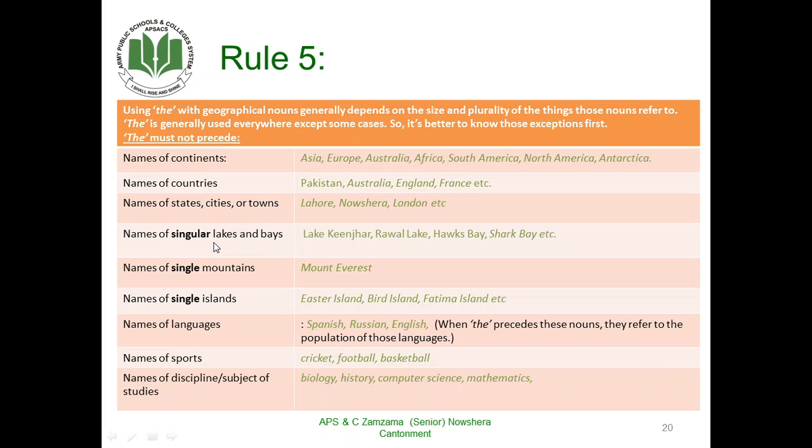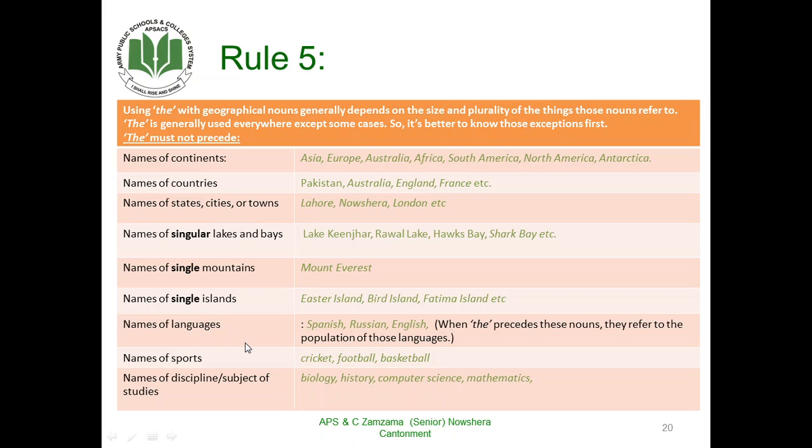Now, names of singular lakes and bays, for example, Lake Kinjur, Rawal Lake, Hawke's Bay, Shark Bay, etc. Names of single mountains, for example, Mount Everest. We do not need to use "the" here as well. Names of single islands: Easter Island, Bird Island, etc.